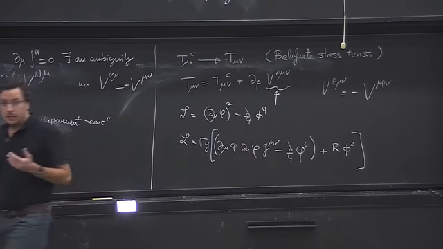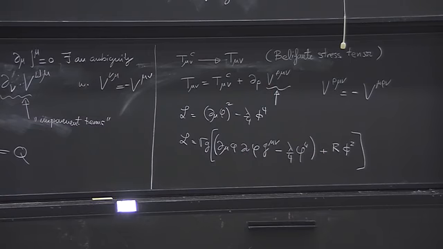So the ambiguity in the choice of improvement terms is in one-to-one correspondence with the possibility of adding new curvature couplings to the Lagrangian when you couple the theory to gravity. That's the most physical way to think about it: there is a certain ambiguity in coupling the system to gravity, and that ambiguity is reflected in different stress tensors.